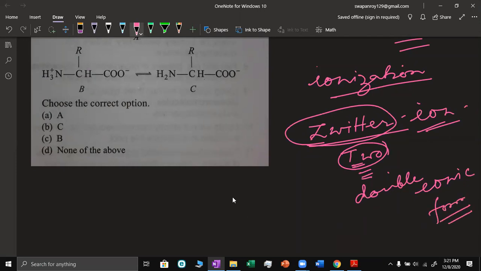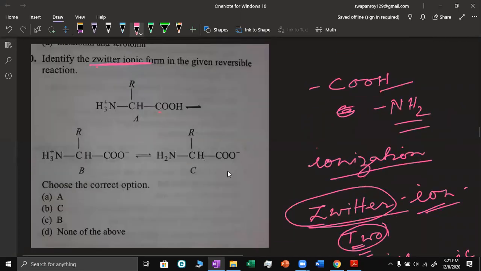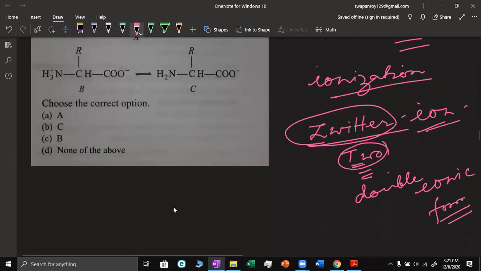At a time, in a molecule, both the ions can be formed. Usually we see that an ion may be a positive ion or a negative ion, either negative or positive, is it?